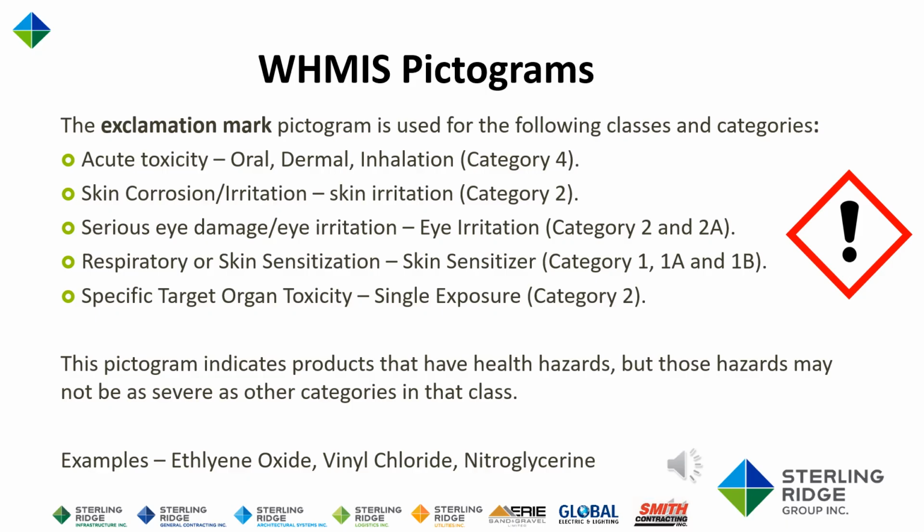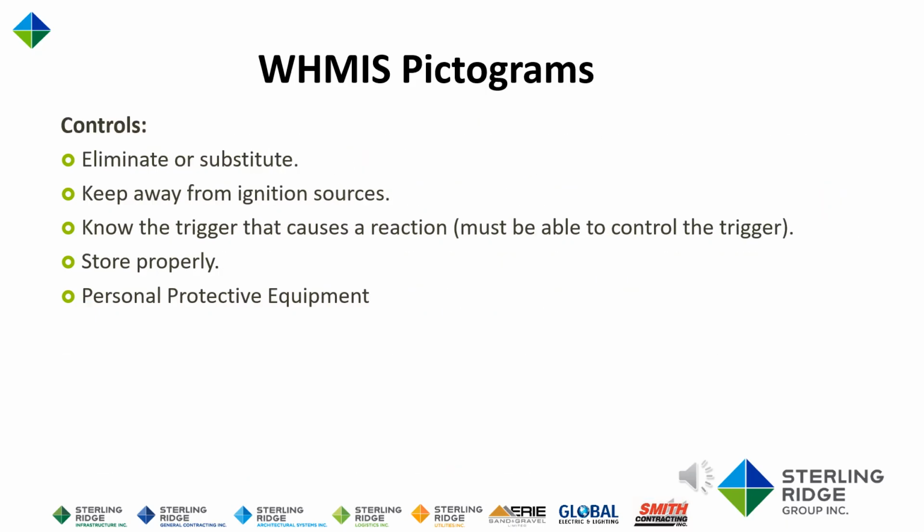Respiratory or skin sensitization, skin sensitizer. Category 1, 1A, and 1B. Specific target organ toxicity, single exposure. Category 2. This pictogram indicates products that have health hazards, but those hazards may not be as severe as other categories in that class. Examples: ethylene oxide, vinyl chloride, nitroglycerin.